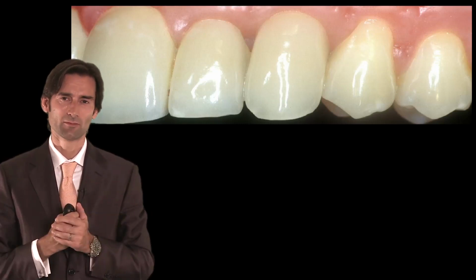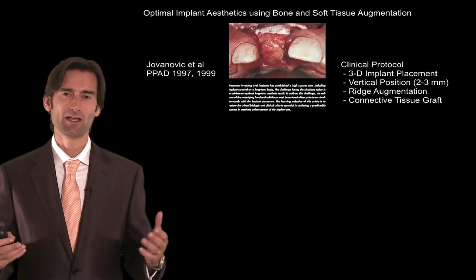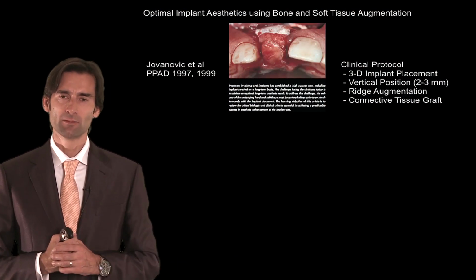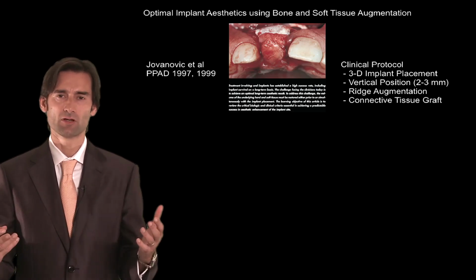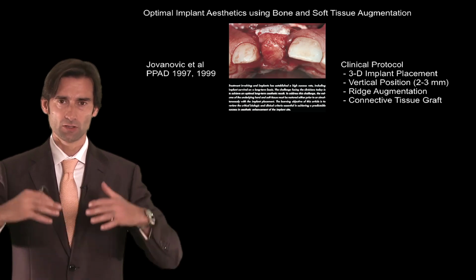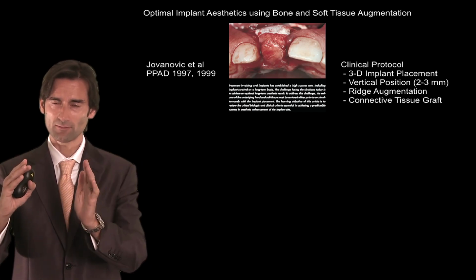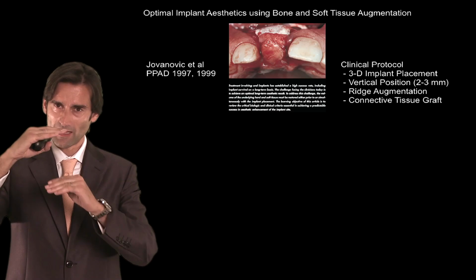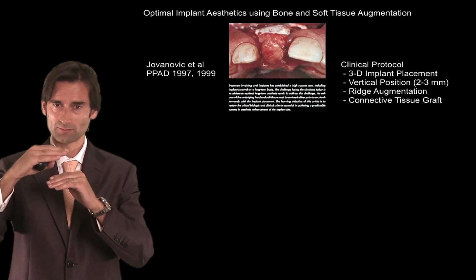So now we have come to the end of the lecture, and I would like to pretty much conclude on the fact of using the protocols we know, which is basically our clinical protocol to position the implant in the proper three-dimensional position, work with that ideal vertical position because of the soft tissue dimensions we have.